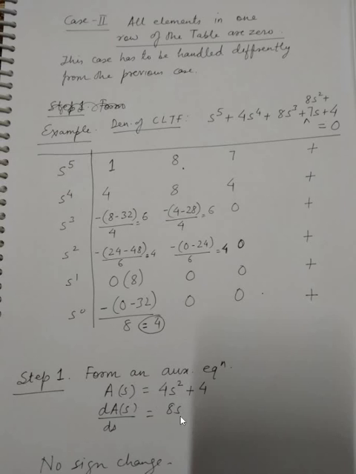Now from this differentiated result, you can form the zero row. So this is 8s, so in place of s to the power 1, 8 will come, and the other two places are 0. So this is the method, and again I am not going into the logic behind it, the reason behind it, but this is the method that you have to follow.